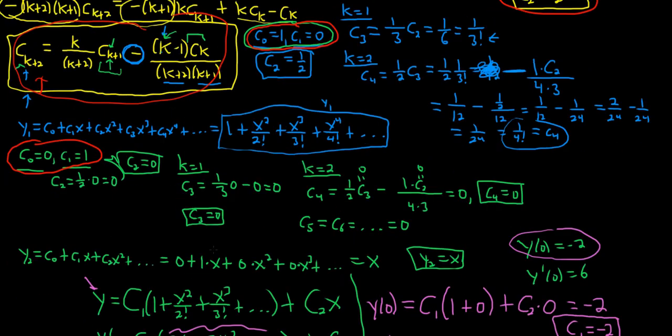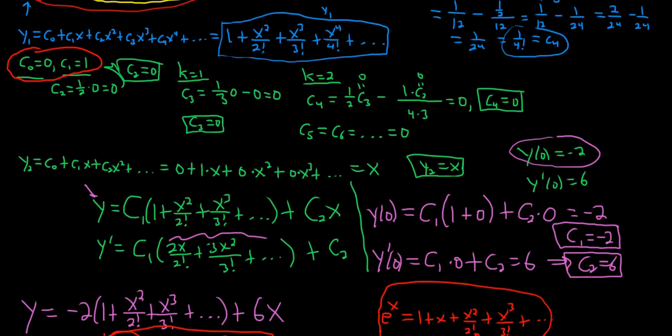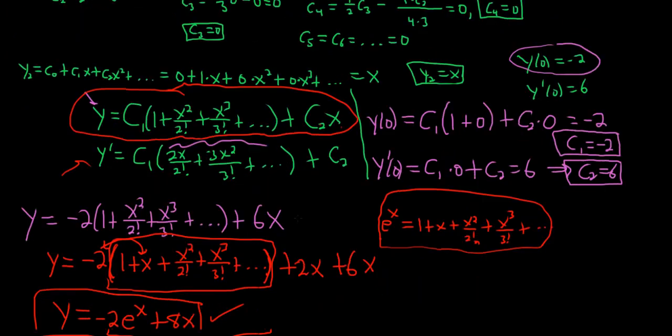And then you write them like this: big C1 times your first answer plus big C2 times your second answer. Take the derivative, use your conditions, and then after that, it's not too bad. There's this little sneaky, beautiful trick at the end, but it's not too bad.